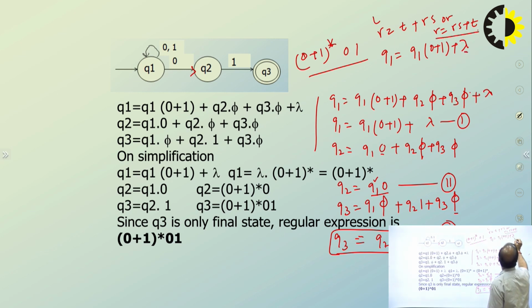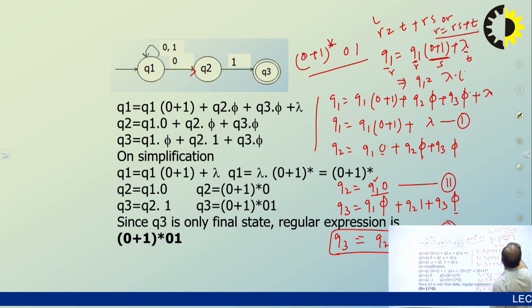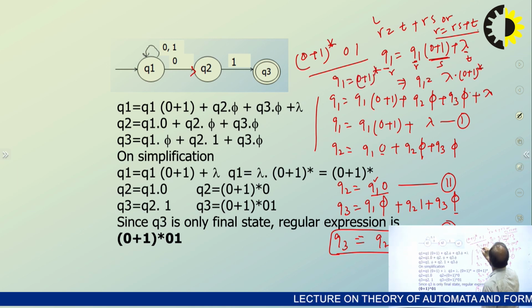Here T is lambda and S is (0+1). So by this method, q1 will be (0+1)*. So we got q1.